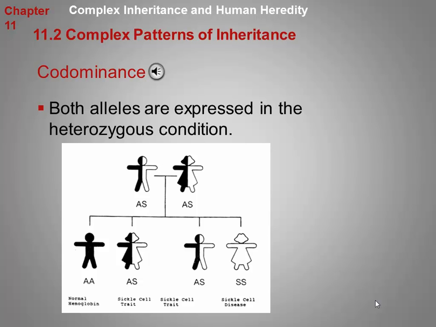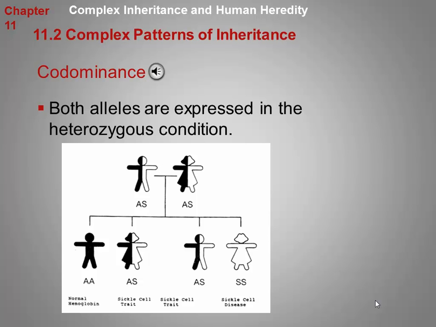Typically, though, these people don't show signs of the disease because they have enough normal red blood cells to make their blood work the way it's supposed to, and they can lead a totally normal life. But they still have both the red blood cells, so therefore both traits are expressed.